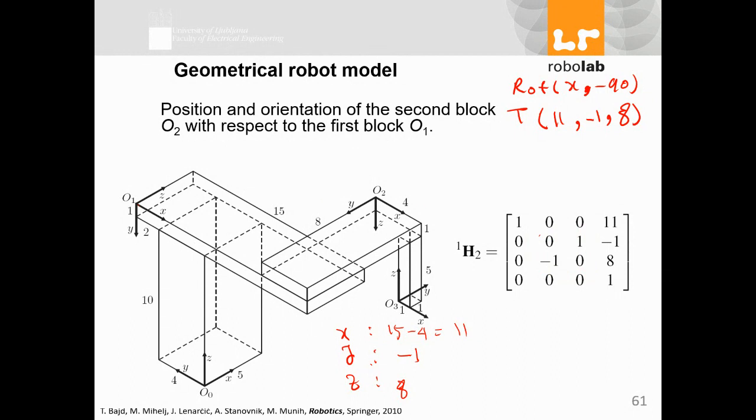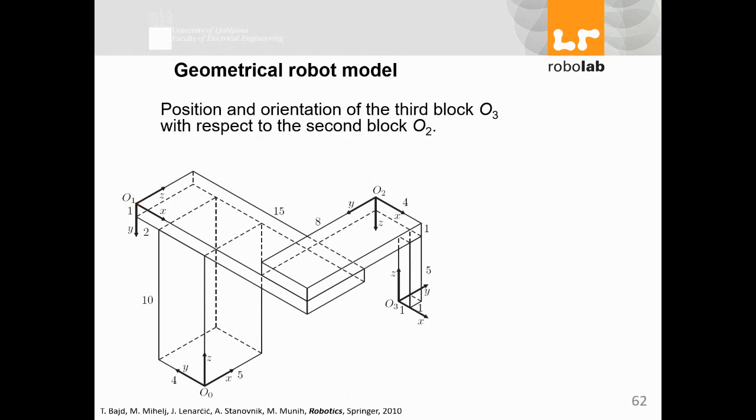Here, the confusion was the distances, which unfortunately was confusing. And the last one, from here to here, from 2 to 1, what I have is, in direction of x, I have 4.